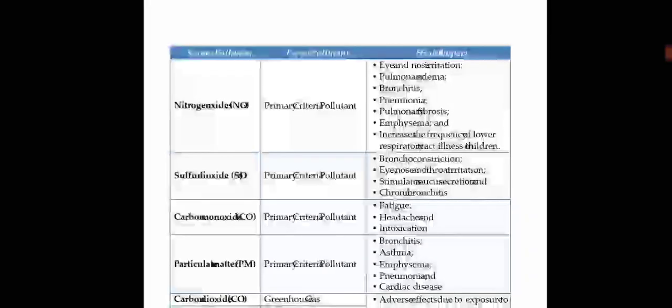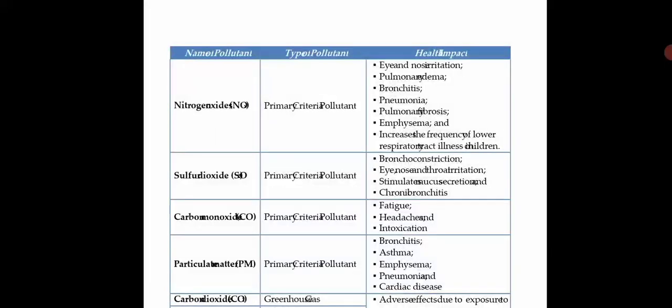So, some of the air pollutants, their types and the health impacts are given in the chart. The first one is nitrogen oxide, the oxides of nitrogen. We know that nitrogen oxide is called a primary criteria pollutant. It mainly induces irritation in eye and nose.